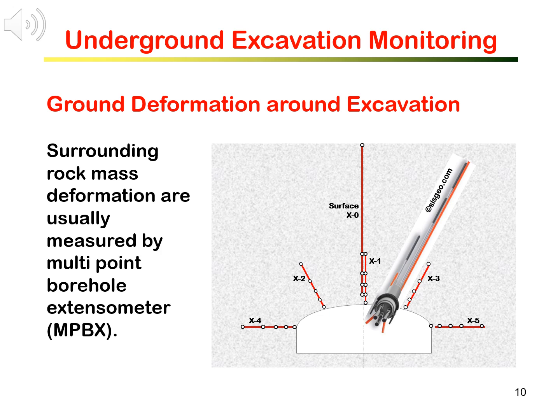The measurements therefore give the deformation of the rock mass between the tunnel wall and the depth of the last measurement point of the MPBX. Occasionally, an MPBX can also be installed from the surface to measure the deformation of the ground between the surface and the tunnel roof, as shown in MPBX X0 in the drawing.